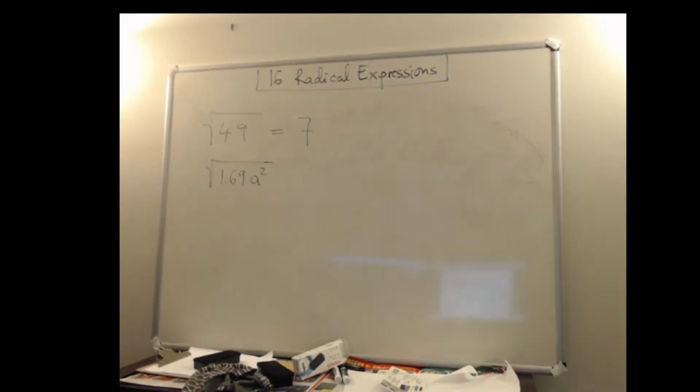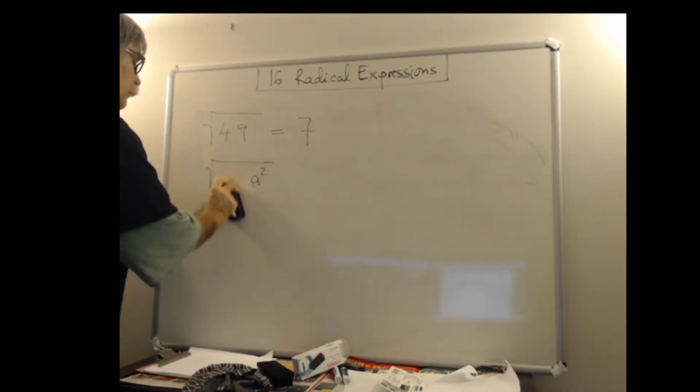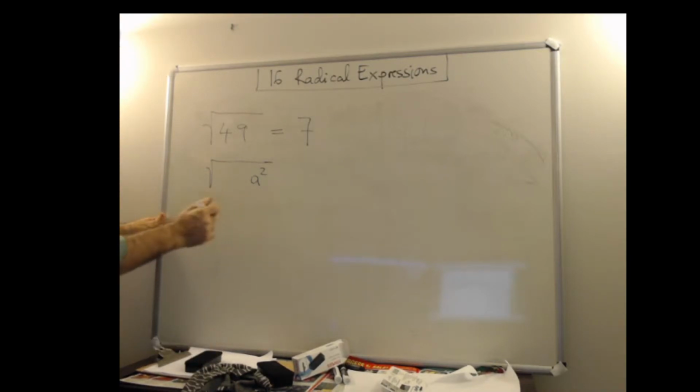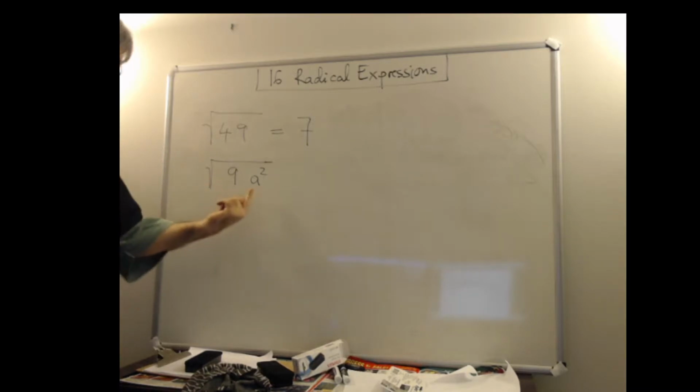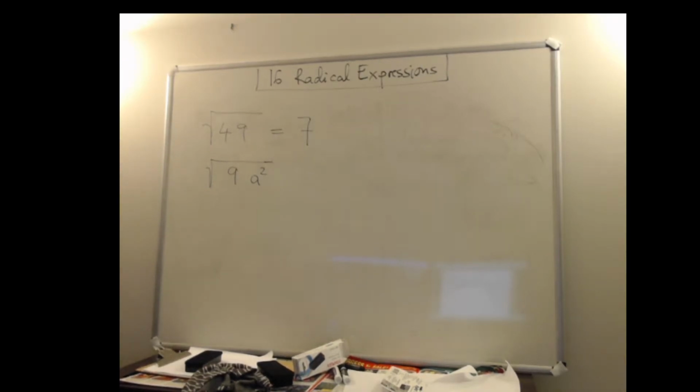All right. Now this is a little more difficult one, so let's just make it a little simpler, so you don't have to worry about it. Now you can ask yourself a question: what am I going to multiply with itself to get 9a squared? The question I'm asking here is because I have here a square root. Right? The index here is 2. I didn't write it, so that means it's 2.